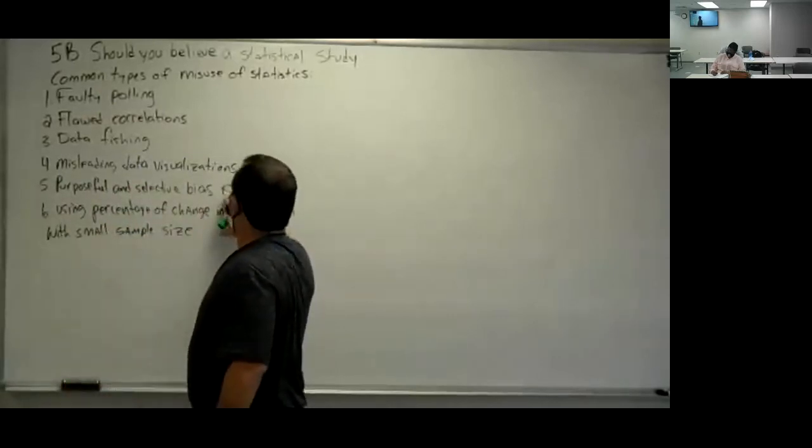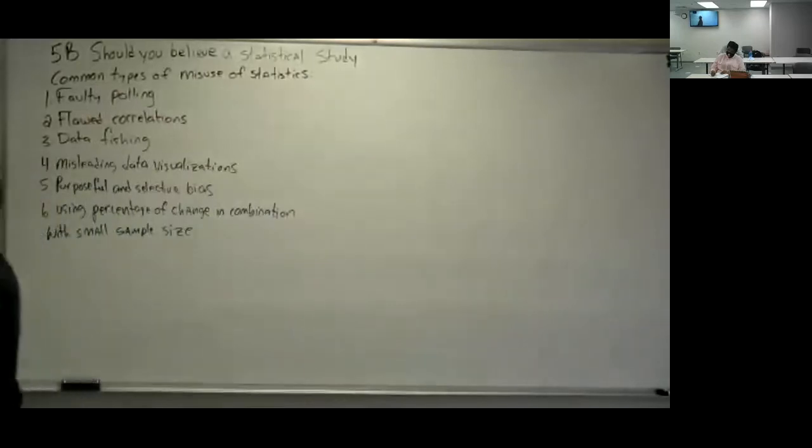The reason that one's there is because if you've got a small sample, the differences between each sample will be large. So we need more samples to eliminate that from the percentage.